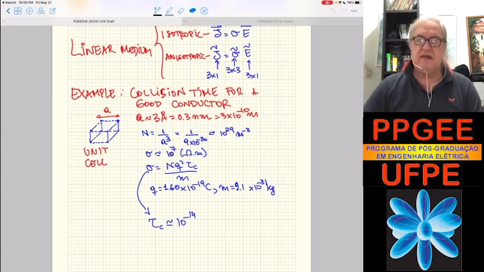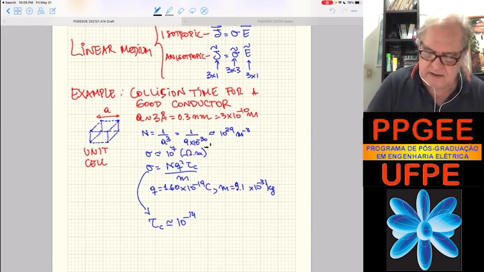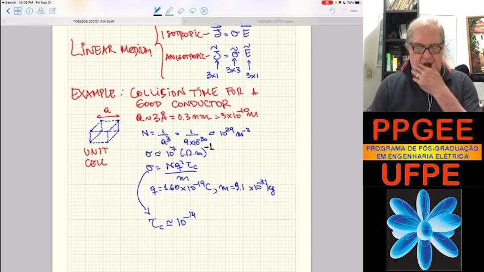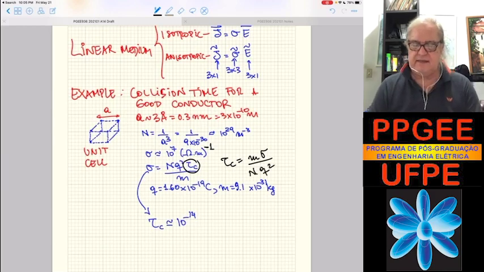If you get a good conductor with 10 to the 7th, like iron, ohm meter to the minus 1, then you can calculate the collision time, m sigma divided by n q squared.